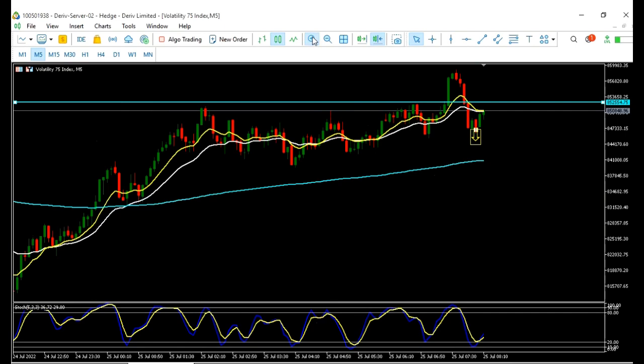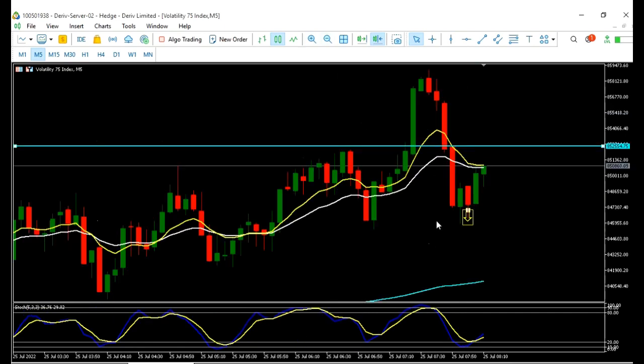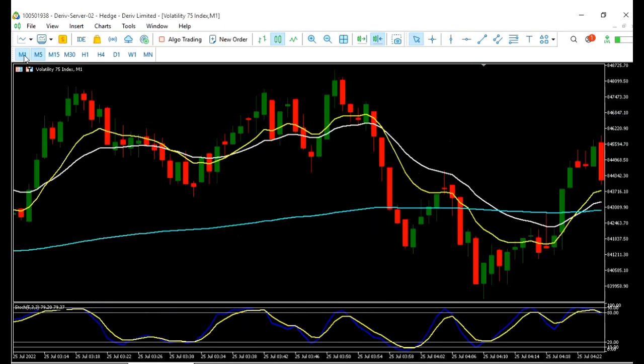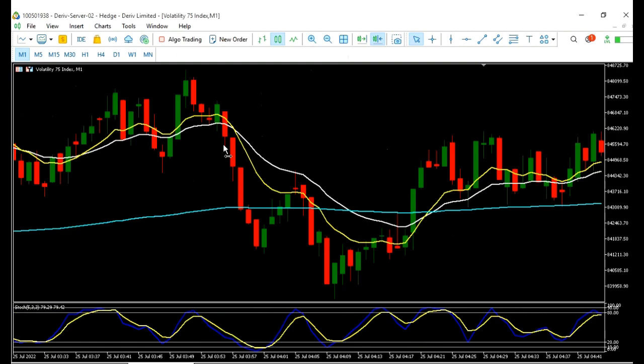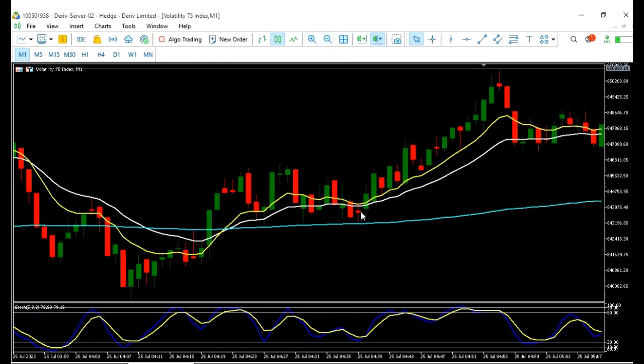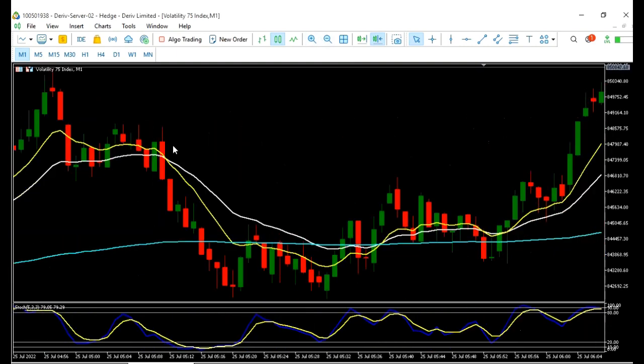So for somebody who wants to trade on volatility 75, how do you trade? You trade with caution. Number one, you go to your 1 minute time frame. I'm talking about those with a lower account now. So this is how you trade with a lower account. You go to your lower time frame.